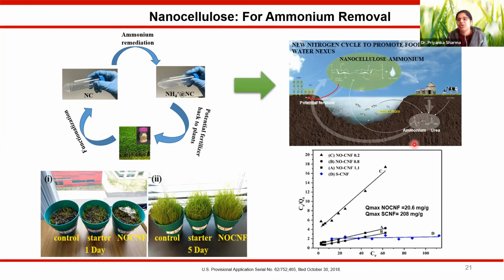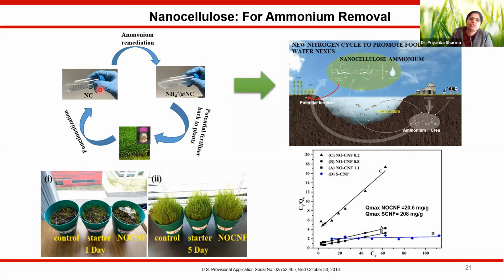Once this ammonium is degraded by bacteria, it's converted into nitrate and nitrite, and that finally converts into some nitrous acid and these types of species which go in the water. So it's very important to capture this ammonium.